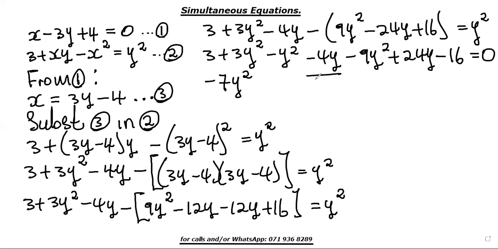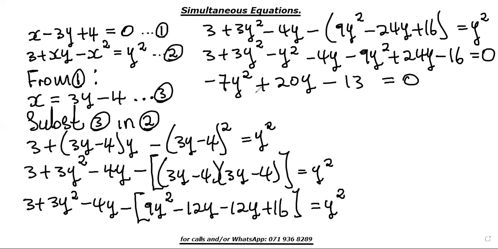We say negative 4y plus 24y, it's going to be positive 20y. And then we say 3 minus 16, it's going to be negative 13. And this is equal to 0.